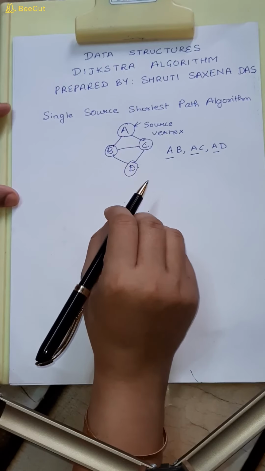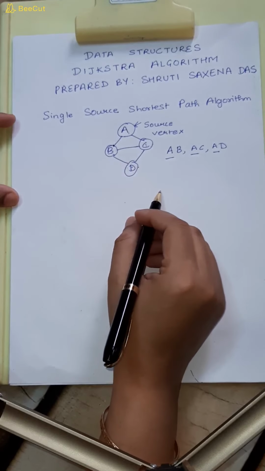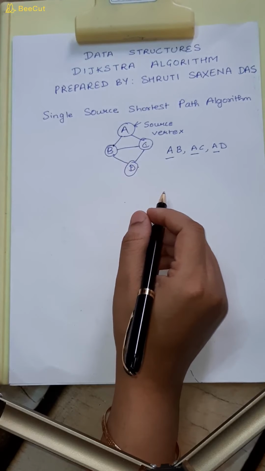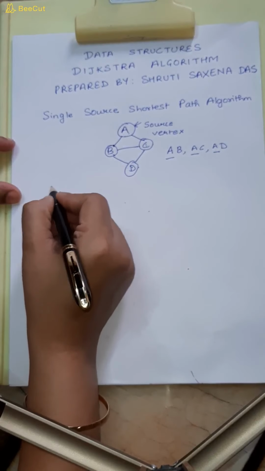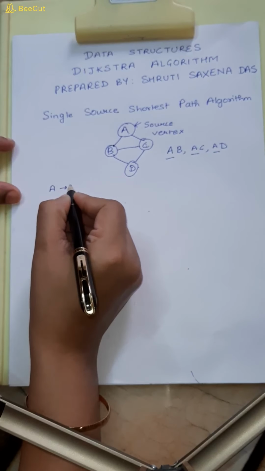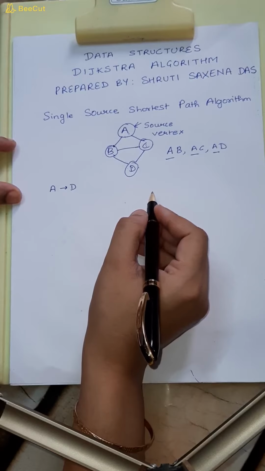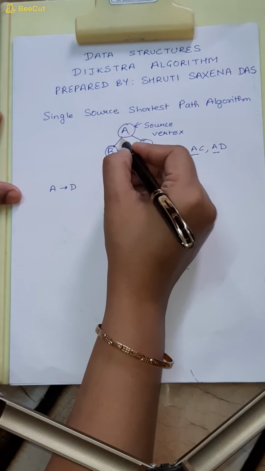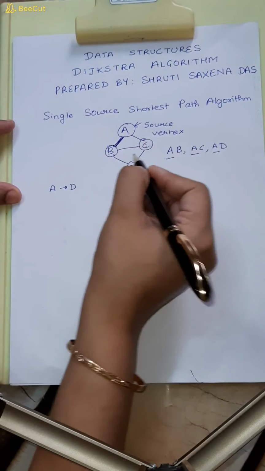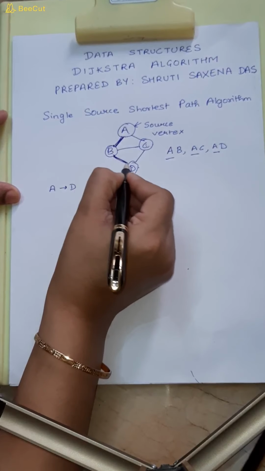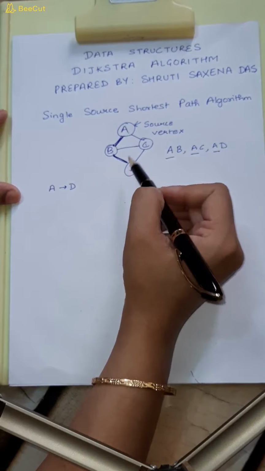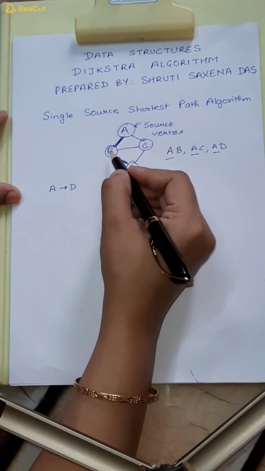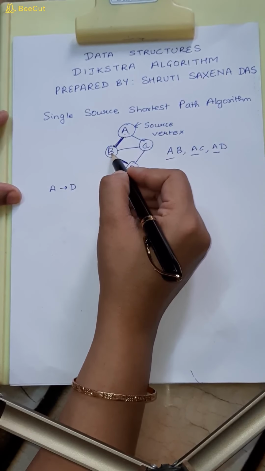This is the concept of Dijkstra's algorithm, and it is based on a principle which says that if A to D is the shortest path, if you have found that to reach D from A, this is the shortest path via B, then A to B will also be a shortest path.